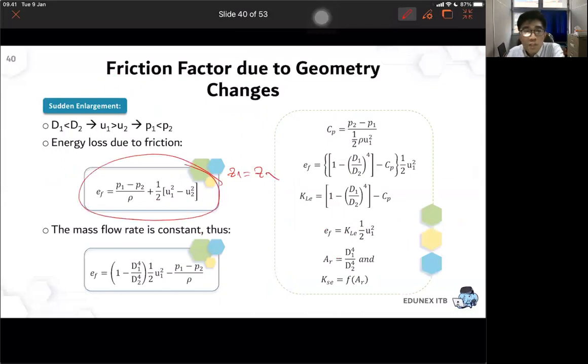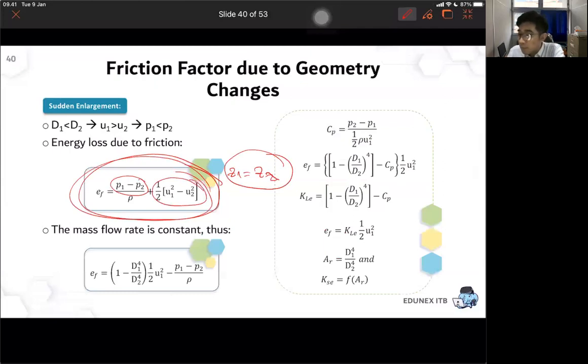If you install a sudden enlargement, you will have a higher diameter at the outlet, less velocity, and higher pressure. So by putting in the Bernoulli equation, because the position remains the same, the potential energy is the same, Z1 equals Z2, then EF is only from the change in pressure and the change in velocity.